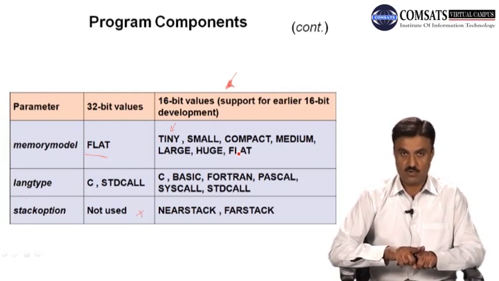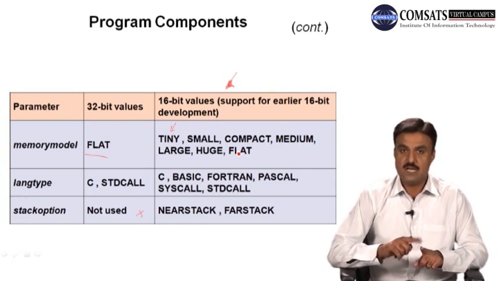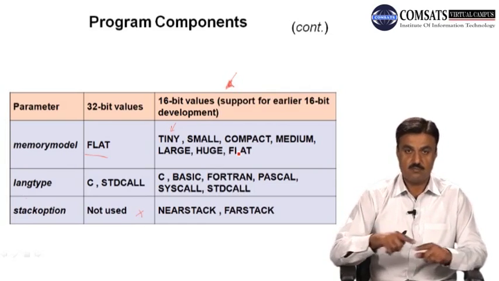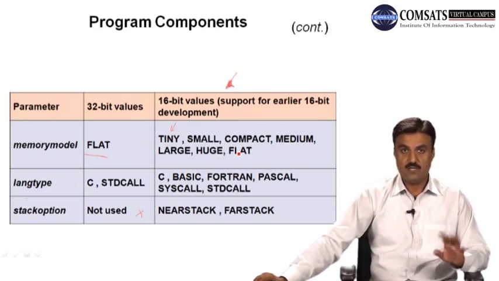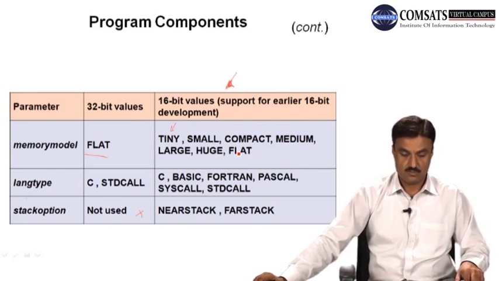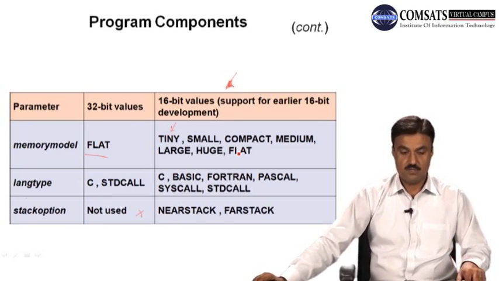We use only the instruction pointer. We never use the CS register plus the instruction pointer register. We directly use the instruction pointer, so there's no need for that in 32-bit architectures.